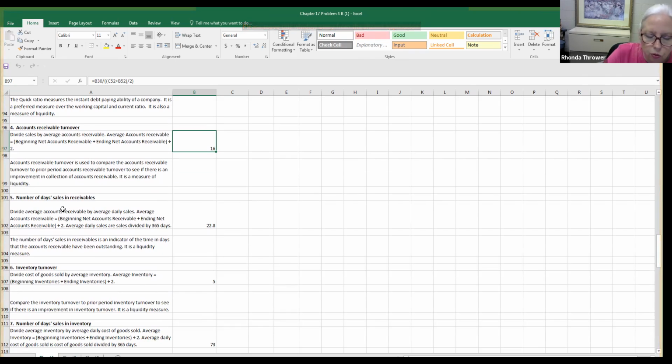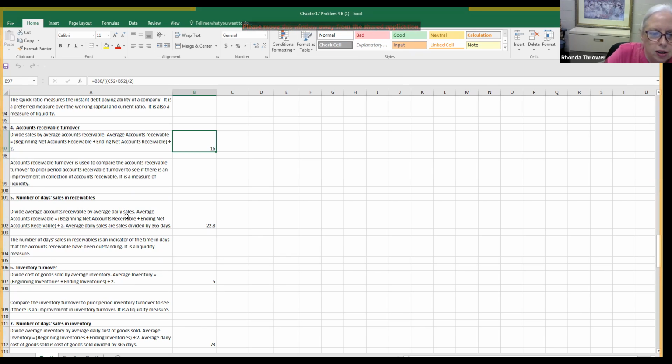Also, for our accounts receivable analysis, we would need to determine the number of days sales that are in our accounts receivable. To do this, we're going to take our average accounts receivable that we found earlier and divide it by what we call daily sales.